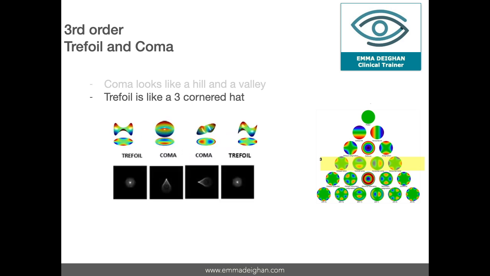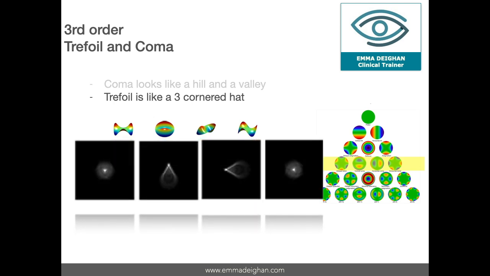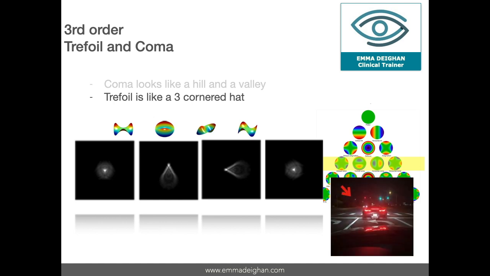The point spread function for a coma is going to be like a streak, and then trefoil, which is the outer terms, looks like a three-cornered hat or a Mercedes-Benz symbol. So your patient may have some vertical coma and some horizontal coma, and that would look like this. If you look at the side of this tail light, there's a streak coming out of here at about 135 degrees.